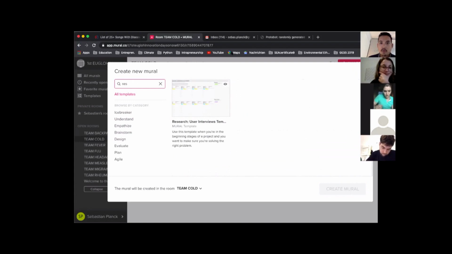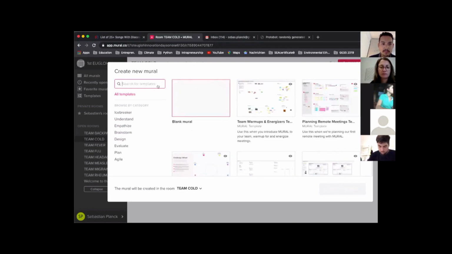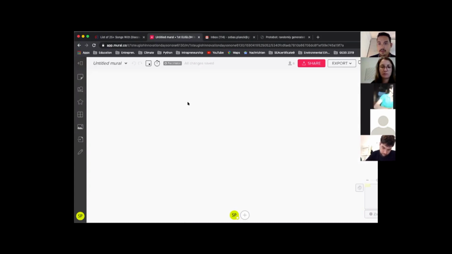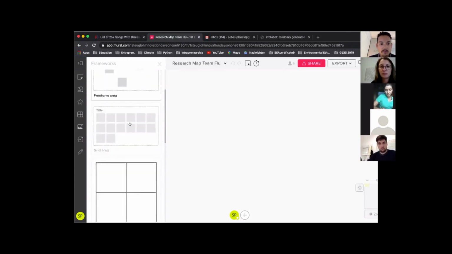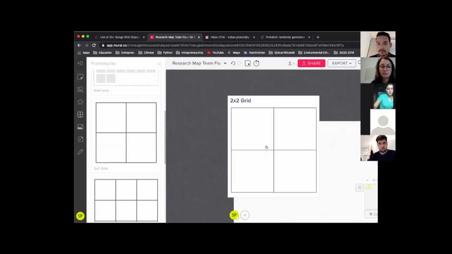I should have opened up one already, but basically what you can do is simply use a blank mural and set it up so that you've seen how the technology works. So you call it research map team, whatever the team name is, and then you can add graphs into that, okay?